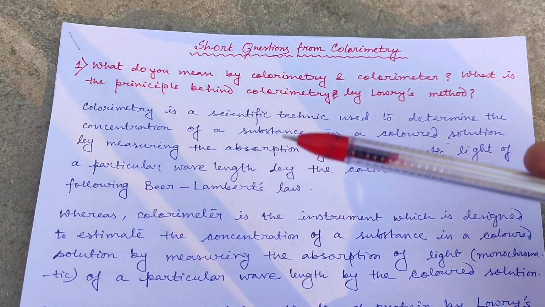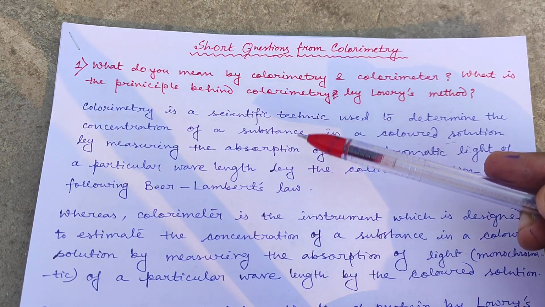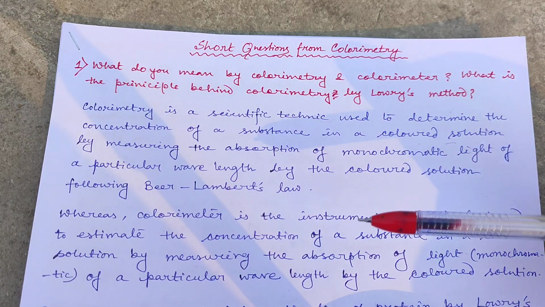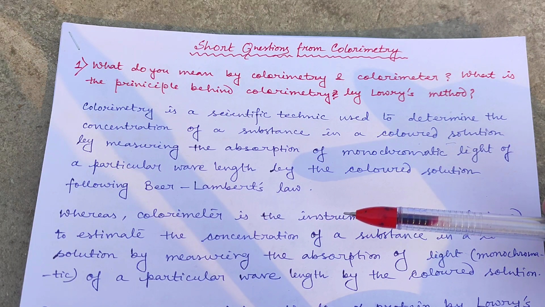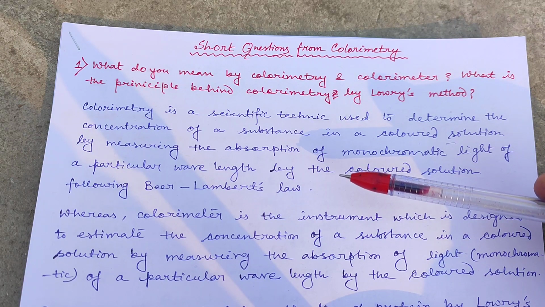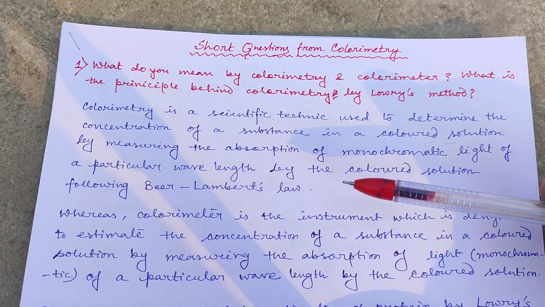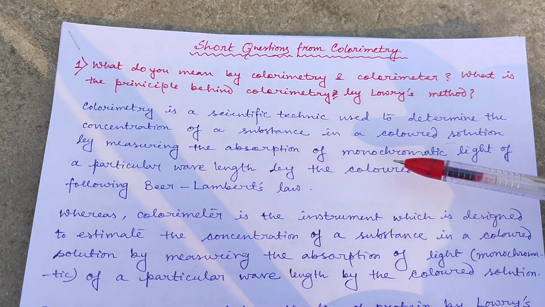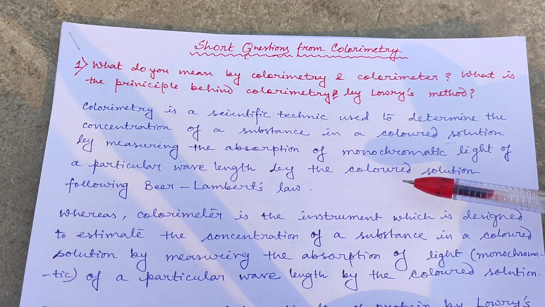So as the name suggests, colorimetry or colorimeter is related to some kind of colored solution, and you need to know the concentration of the substance which is dissolved in that colored solution. So how will you know? For that, you need to measure the absorption of a monochromatic light of a particular wavelength by that colored solution.